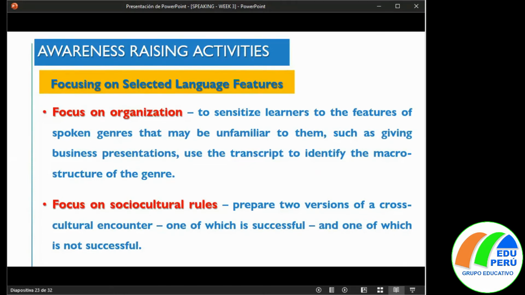For example, I use this kind of activity: first, a conversation when a person accepts an invitation, and then a second conversation with a person refusing an invitation. Two situations, two versions, all right?